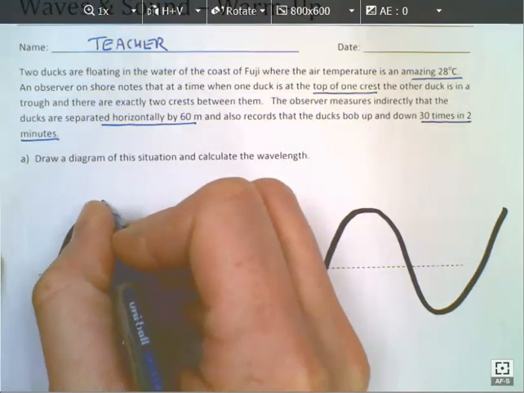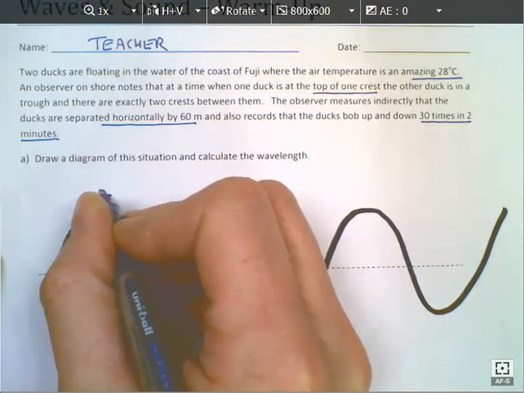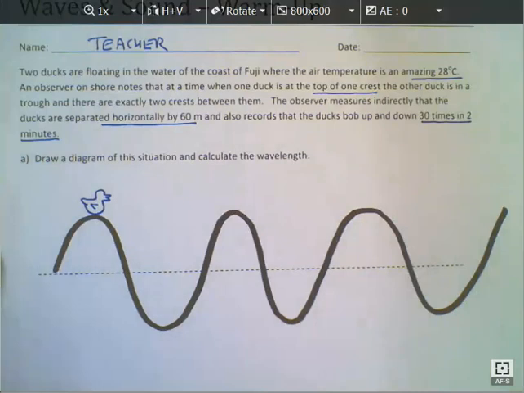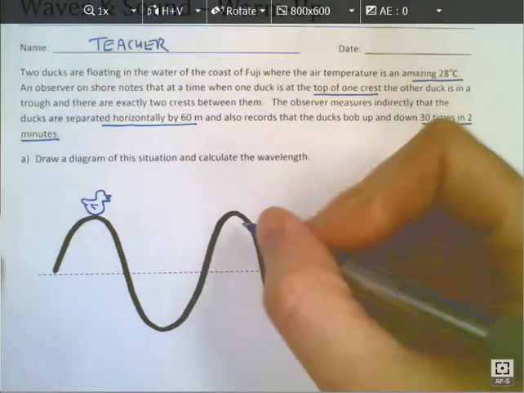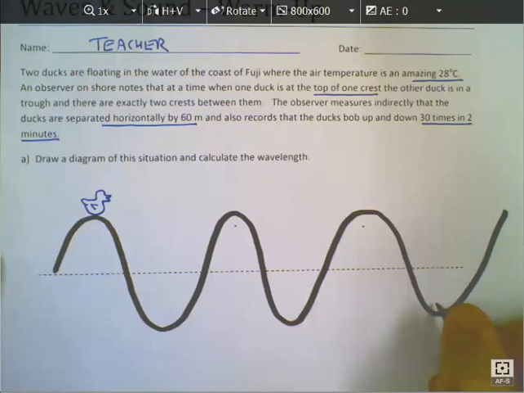I can't draw a duck. There we go, that's a duck. And the other duck has exactly two crests between them, and he's in a trough. So here's one crest, two crests. So the other duck is way down here.